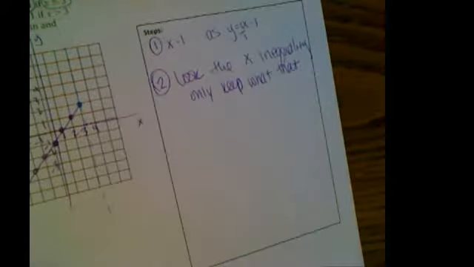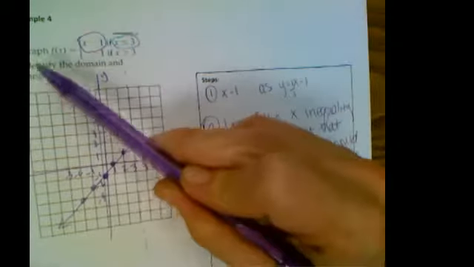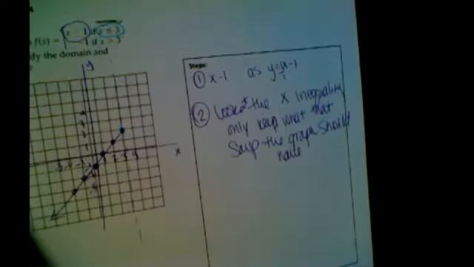And I wrote this way better on the notes that I scanned in for you guys, so double check those. My steps are probably a little bit clearer, but look at the x inequality. Only keep what that says the graph should have. Okay, in this case, it says that we should only have the part that is less than or equal to 3. So that is why I kept this side of the graph.